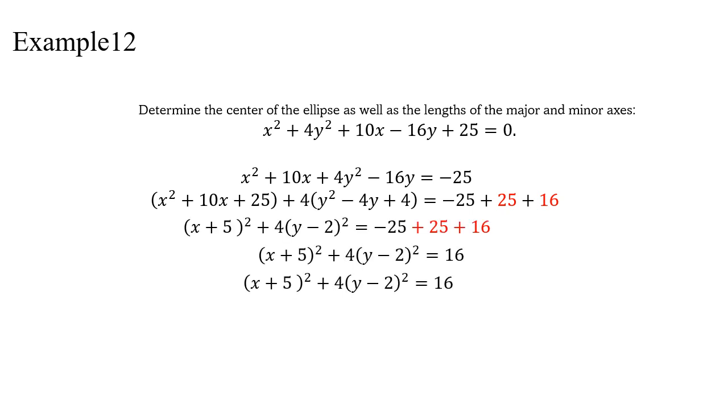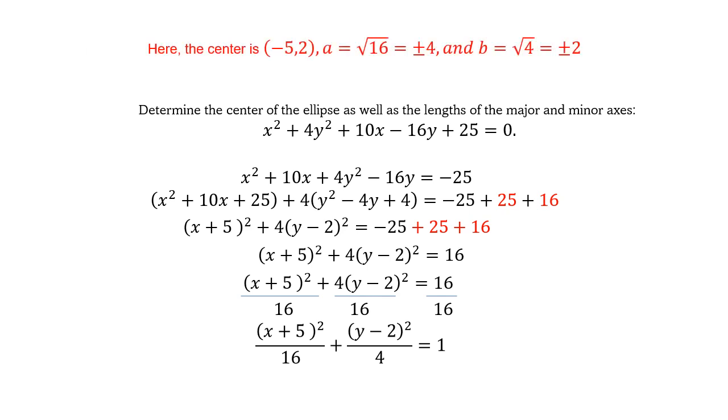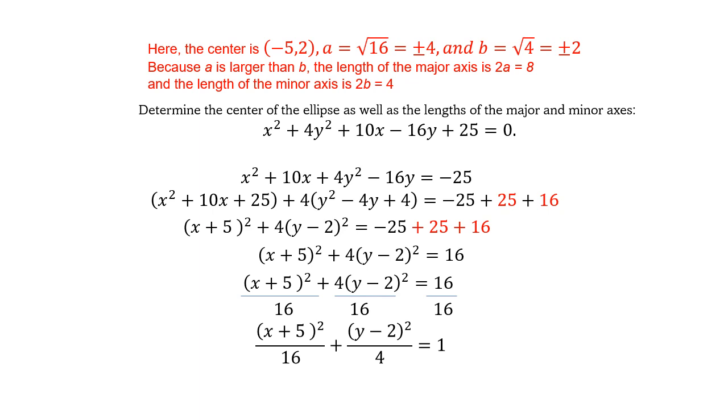Now we're going to divide every term by 16. Therefore, this is the equation of the ellipse. a is plus or minus 4, b is plus or minus 2. The major axis is a, and the minor axis is b.